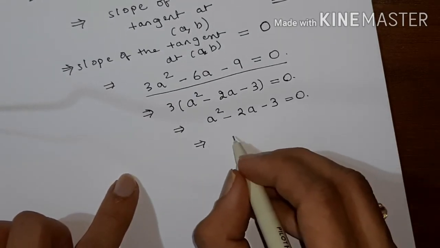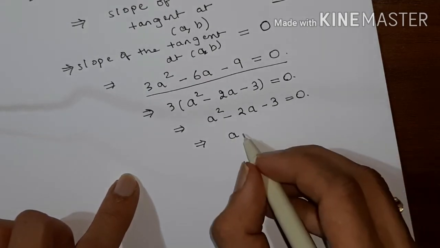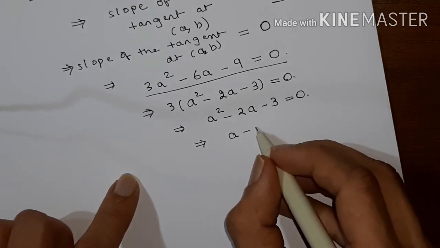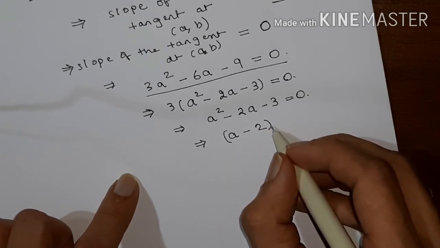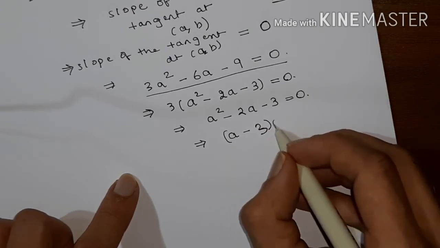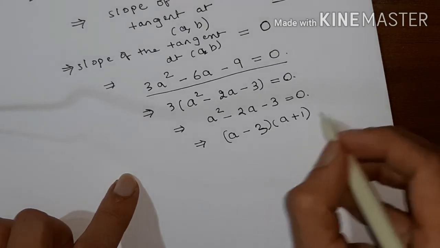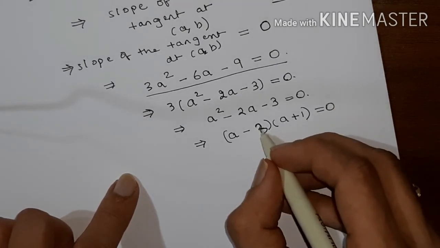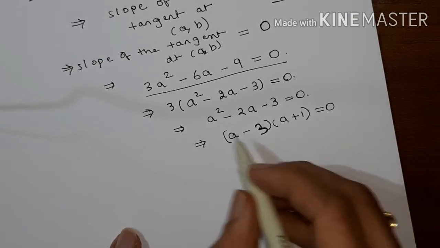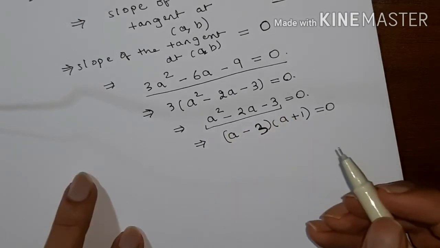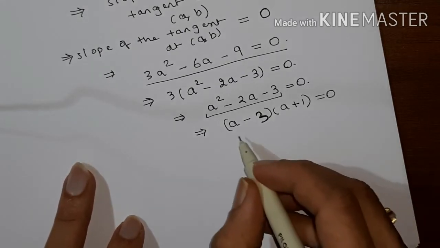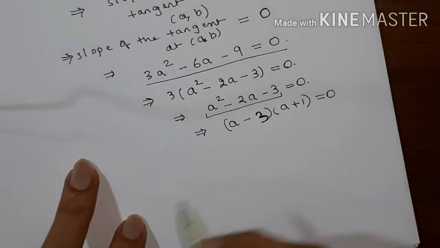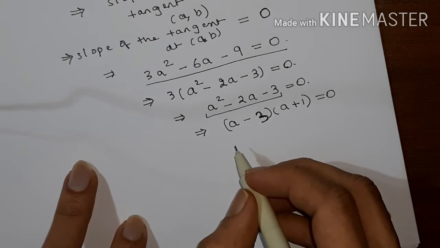If we factorize this, we get a minus 3 multiplied by a plus 1 equal to 0.